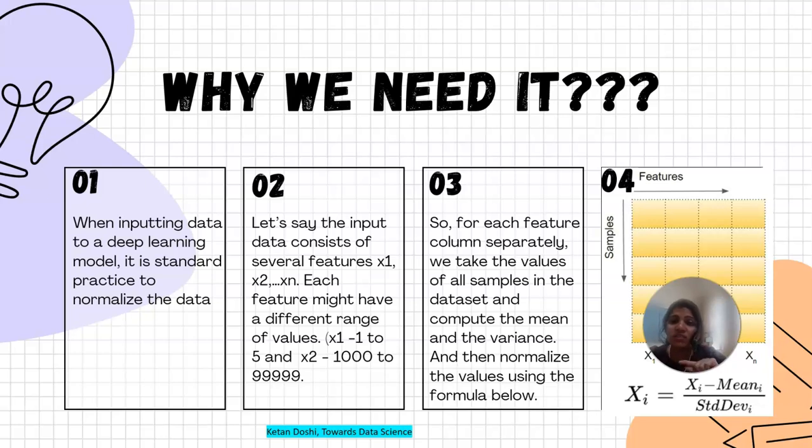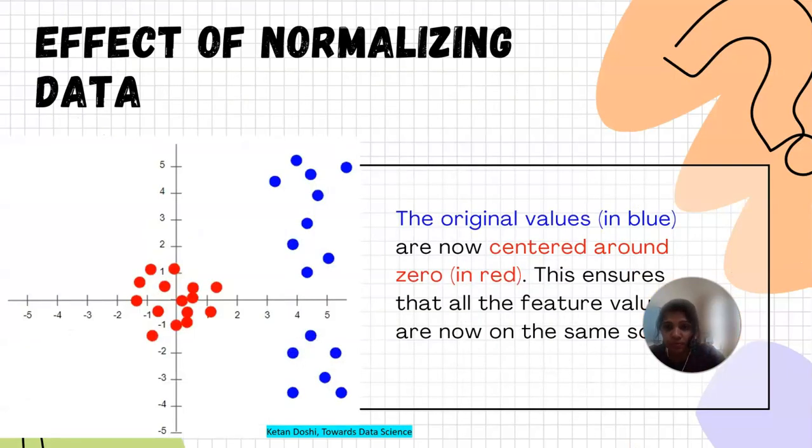This equation gives us zero mean unit variance normalization to all the features. This figure shows the blue dots were the previous features, and after normalization all the features are centered, meaning they all have more or less similar values.